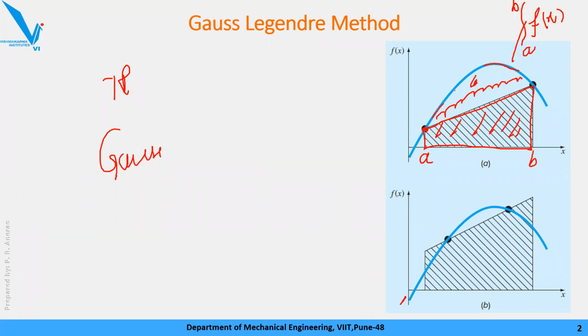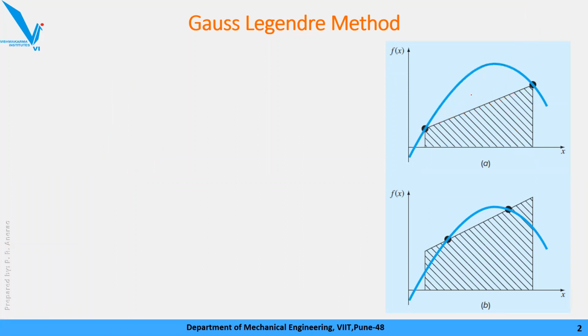So the actual area is this big, look, okay? But due to the limitation of this method, the trapezoidal rule, we cannot cover this area, right? So what if I slightly move this line upward? Okay, now look at the bottom picture, figure B. So you might see a difference here.